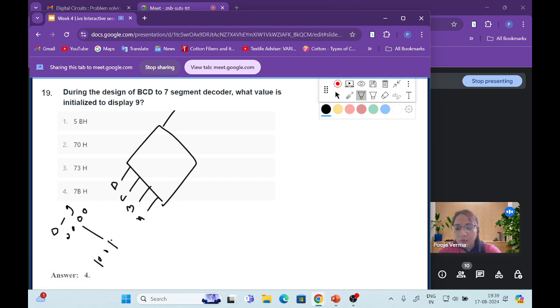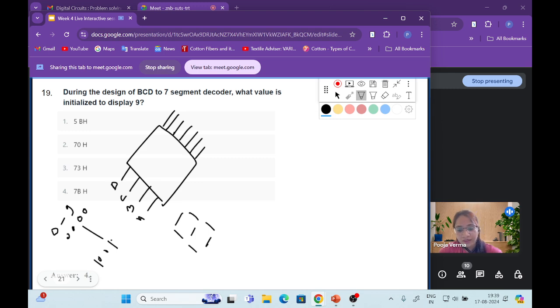And 7 segment display means 7 outputs will be there. So already we know what the 7 segment display is. There is one display like this, right, which is used to display the bits.